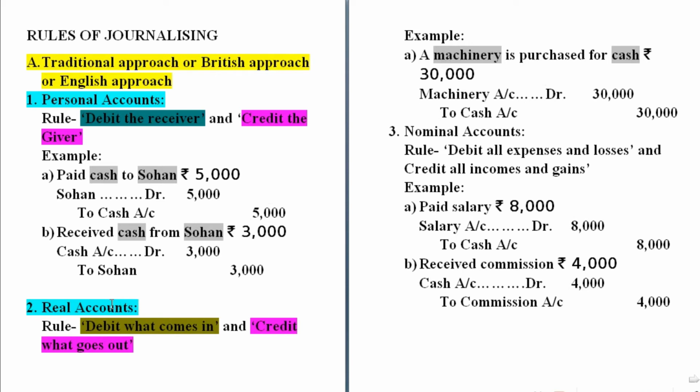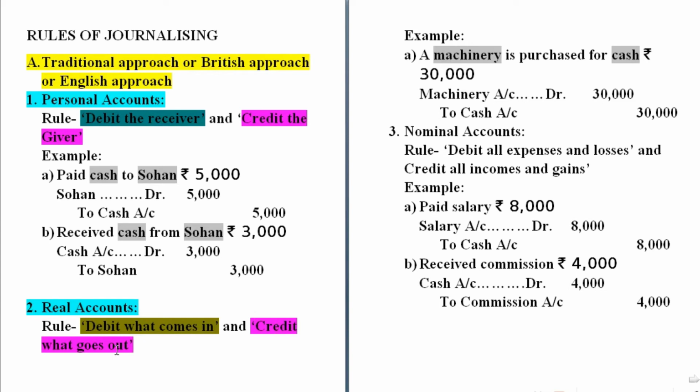It is an asset which can be measured in terms of money and it is the property of business. And since we are purchasing, it is coming in, we are debiting. And so to buy that machinery, we are paying 30,000 rupees cash. So this 30,000 rupees cash that we are paying goes out. So credit what goes out.